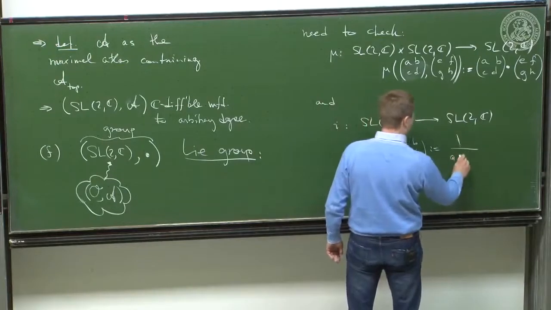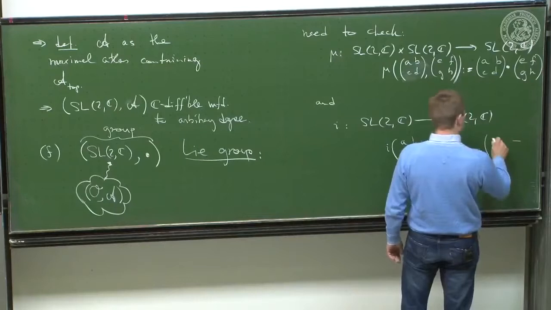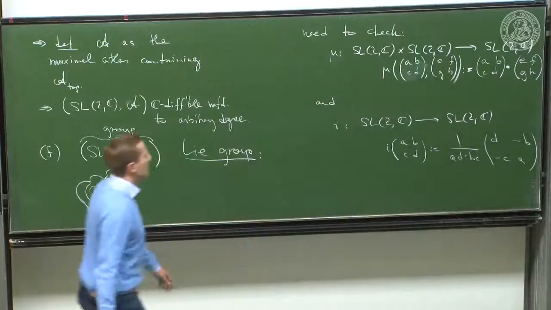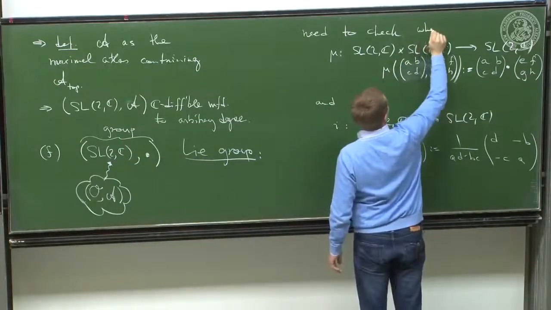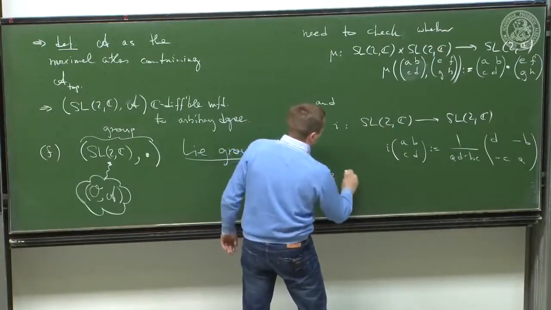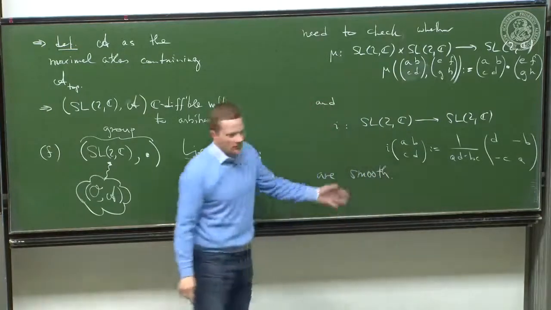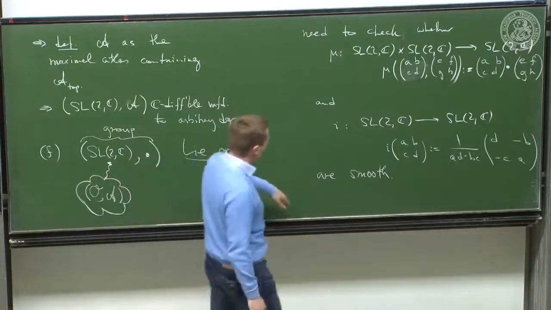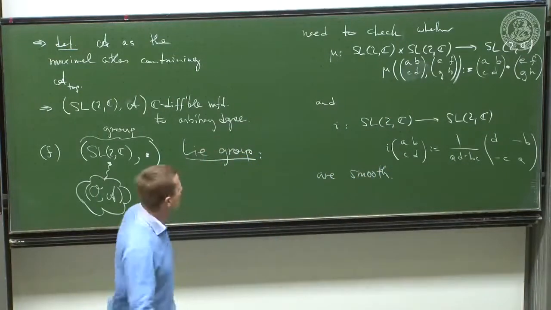So that was 1 over AD minus BC times D, minus B, minus C, A. We need to check whether this map and this map are smooth. You see, I'm not very careful here with how often it's differentiable, and in the complex numbers, it's anyway a very strong thing, even if it's once differentiable. So anyway, we check differentiability to the desired degree, okay?